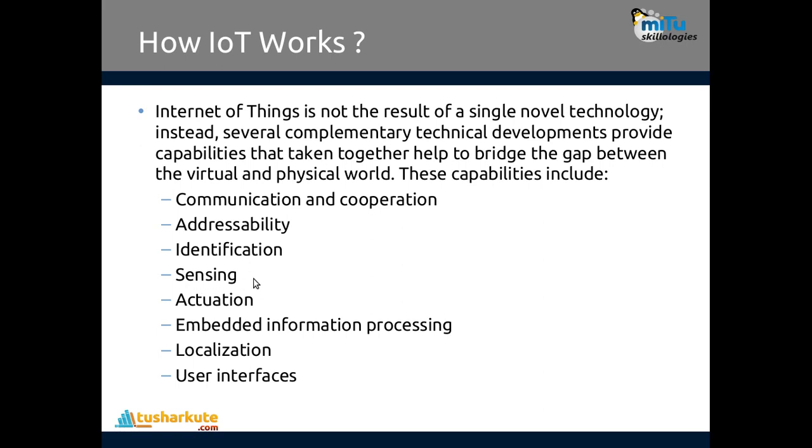Then sensing. Sensors are the input devices in many cases in IoT devices. Why are sensors required? Sensors convert human identifications into computer identification systems. We know the temperature of this room is something like 30 degrees, but how will the computer know that? So we require a sensor.